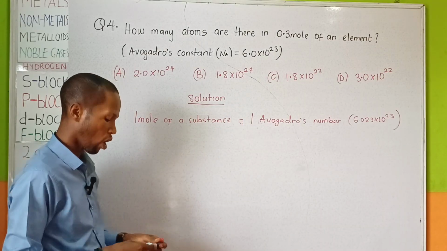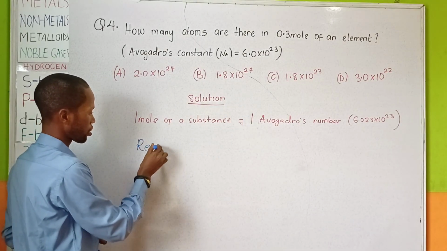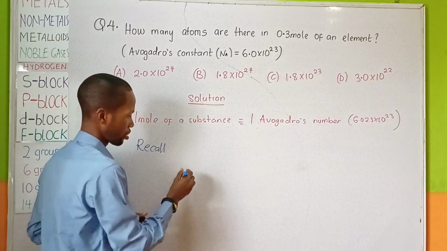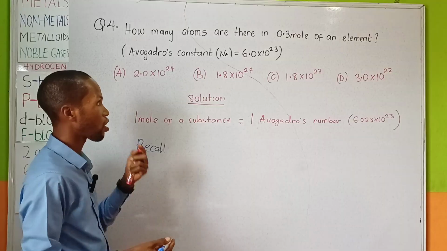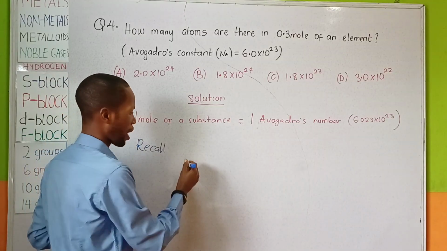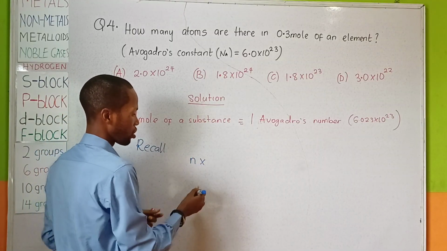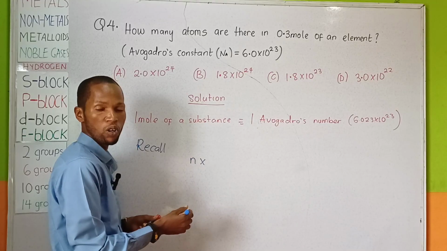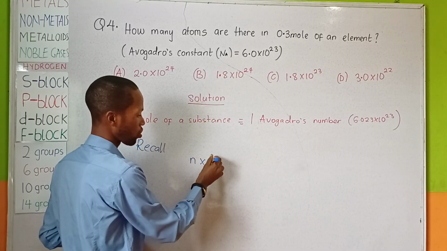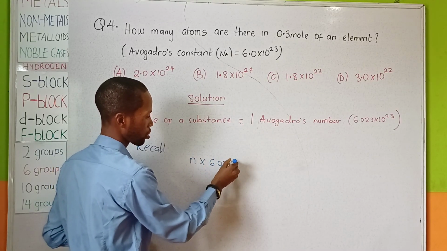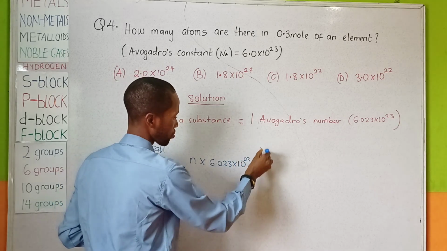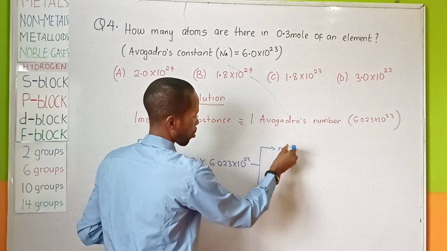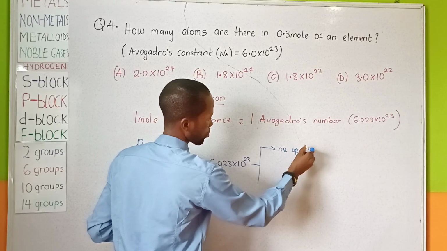Okay? Now recall that in order to determine the number of molecule, number of particle, number of ion, we need to multiply the Avogadro's constant with the number of mole of an atom. So number of mole times 6.023 times 10 raised to the power 23 will give us number of particle.